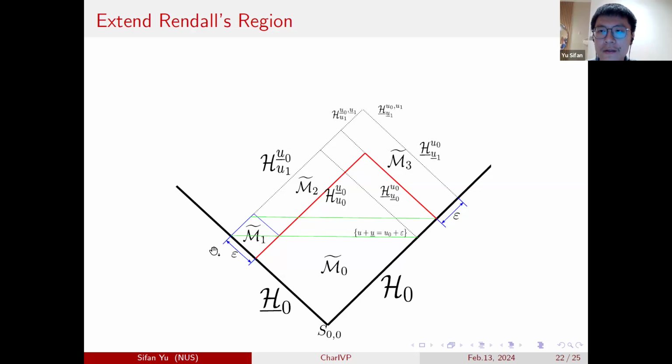Then I can have another space-like hypersurface that allows me to continue my standard Cauchy evolution until I cover the full region of M2. Since I have covered M1 and M2, I can repeat the same process on the other side for M3 as well. In that regard, I get a bigger diamond that contradicts the assumption that M0 is the maximum diamond of existence and uniqueness of the solution.